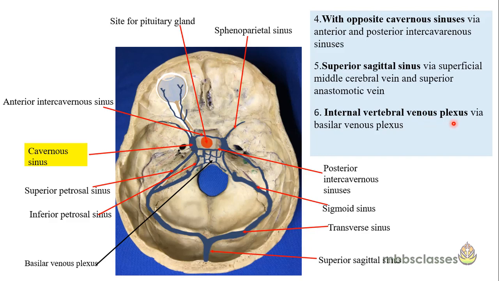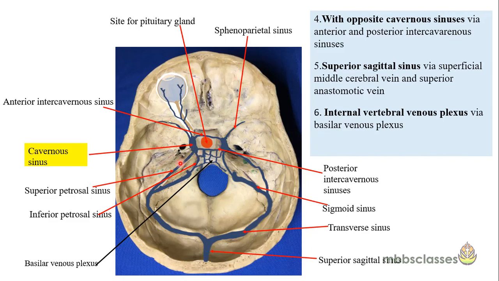So to revise the communications of the cavernous sinus, let us see the tributaries from the orbit: the superior and the inferior ophthalmic vein and the central vein of retina. Then from the meninges, the sphenoparietal sinus. These cavernous sinuses are located on either side of the body of the sphenoid, lateral to the pituitary, and they are interconnected by the anterior and the posterior intercavernous sinus.